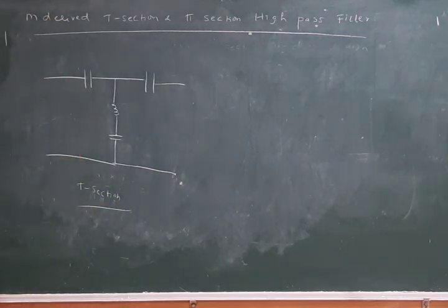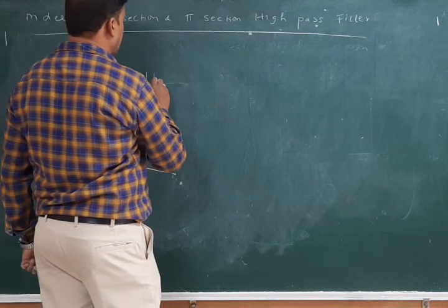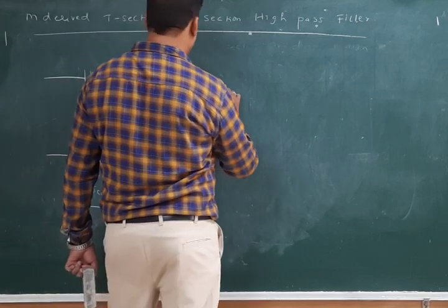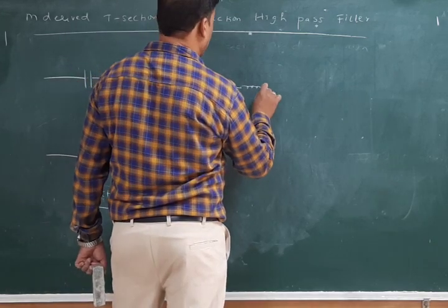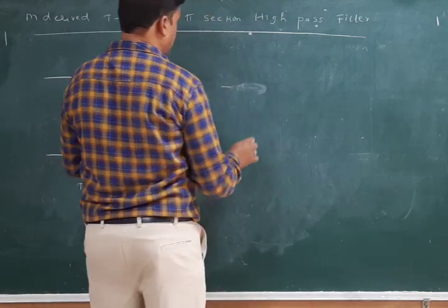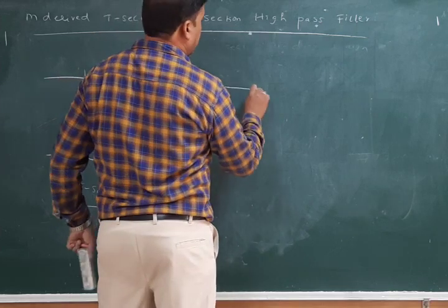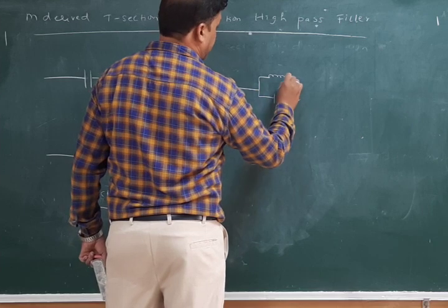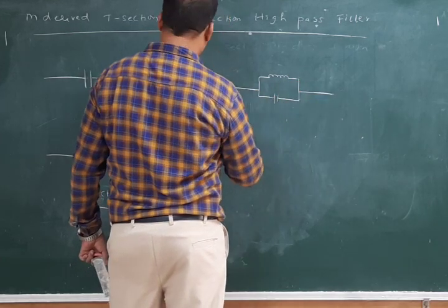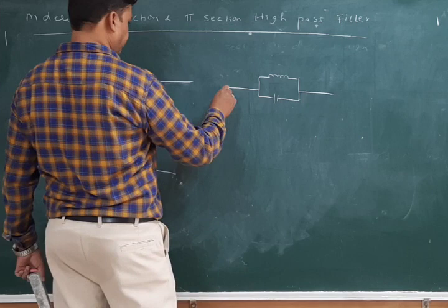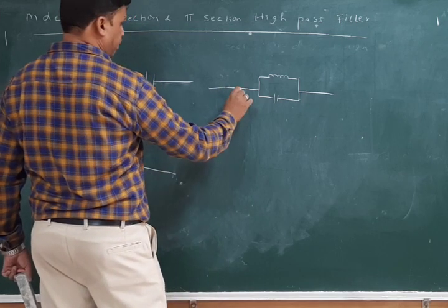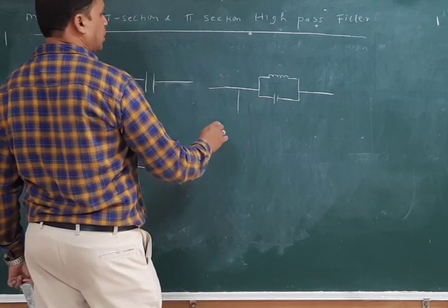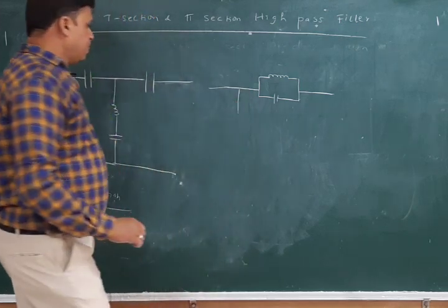Another one is pi section. Pi section here will have inductor as well as capacitor in parallel, and after that you will be having the pi network.